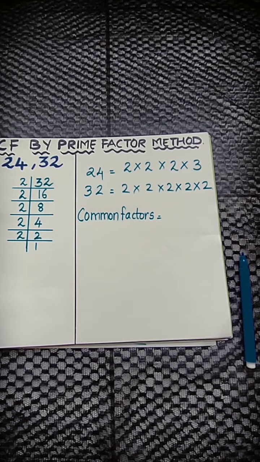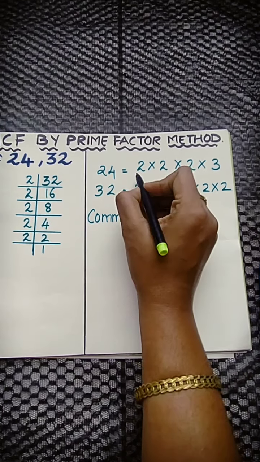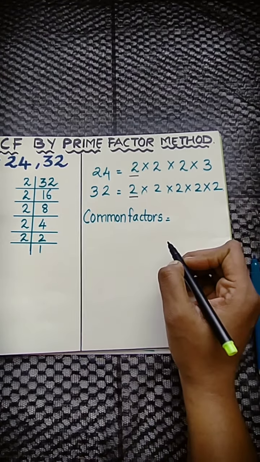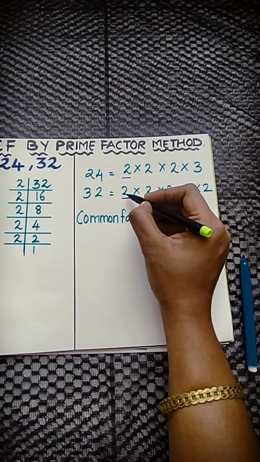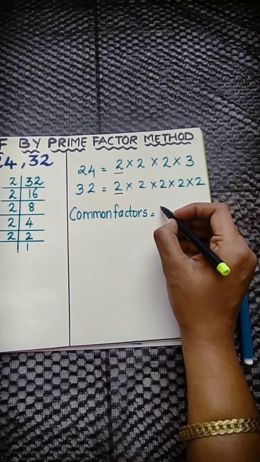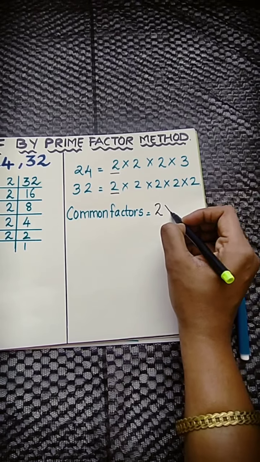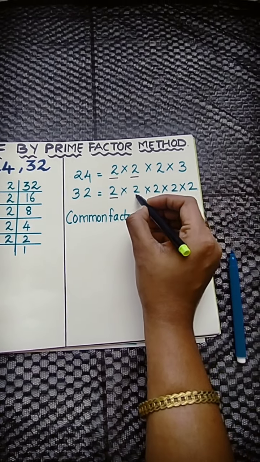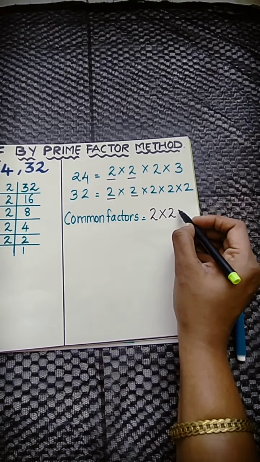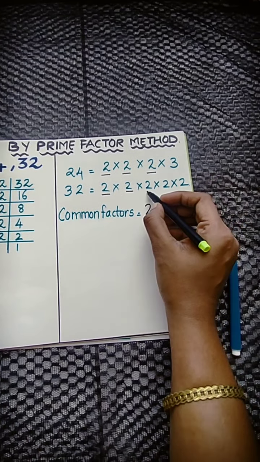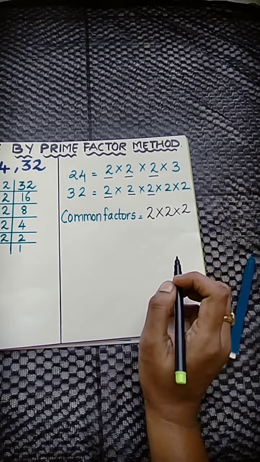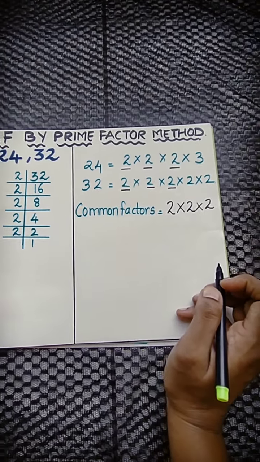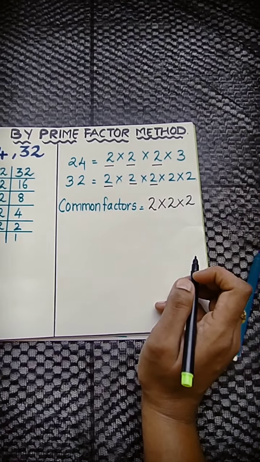Let me underline with another color sketch pen. See, 2 and 2. So from both these 2s, I will take out one 2 and write over here. Then again 2 and 2. Yes. Then again 2 and 2. Yes. Have you got it? Is anything else common? No.